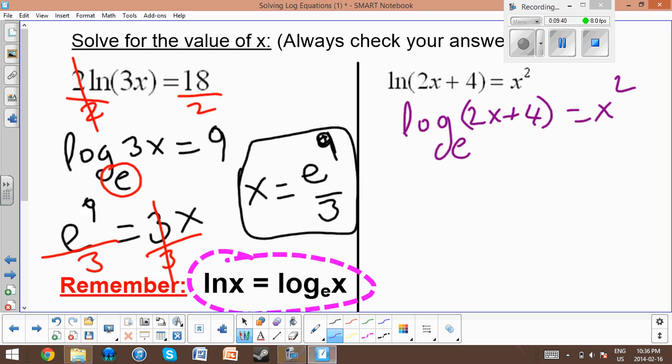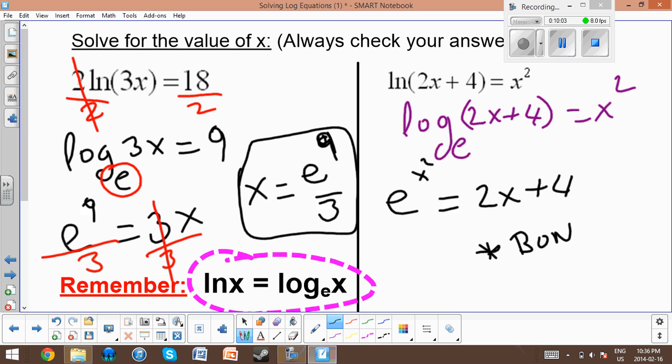And there we're going to convert into an exponential, starting with the base e: e to the x squared equals 2x plus 4. However, this is a much more difficult problem, so we will deal with it at another time, or I will assign it as a bonus, and we can cover this in the classroom.